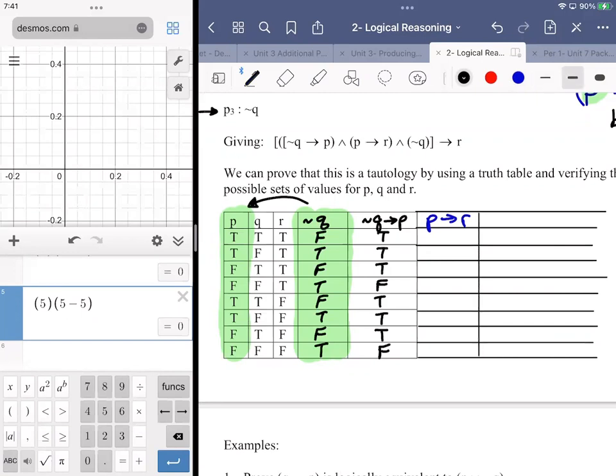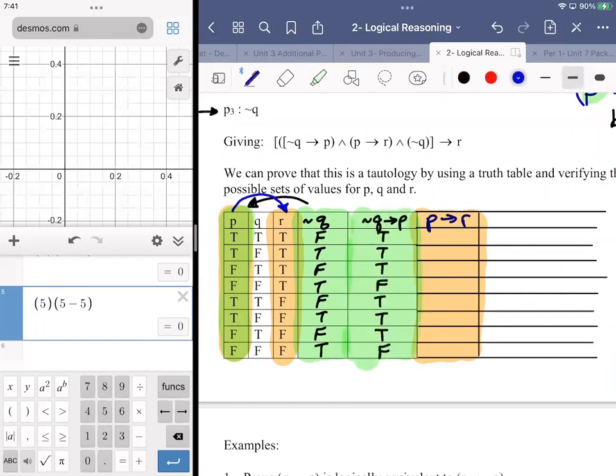So that would be these two columns. And I forgot to highlight this one in green, so let me do that.